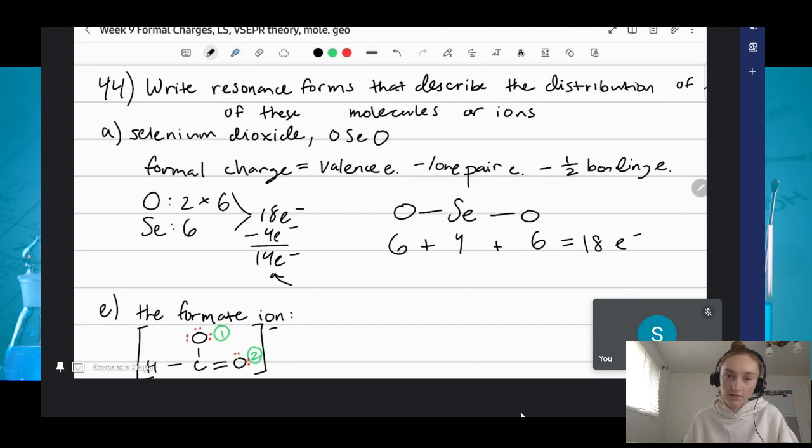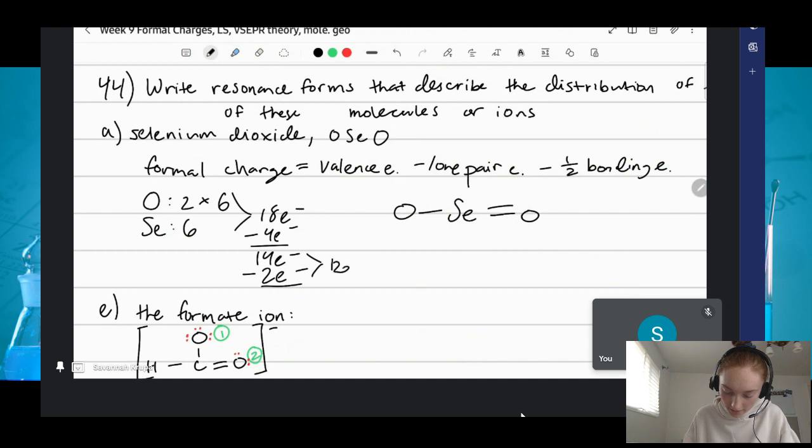So one of these bonds needs to have one more bond to satisfy that. So if we put one more bond between the selenium and the oxygen on one side of things, let's see what that'll look like. So minus 2, so that'll be 12 valence electrons.